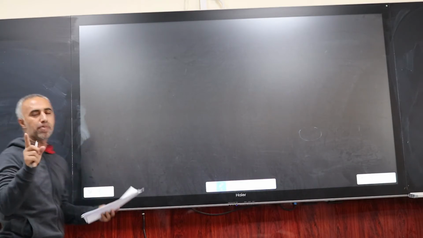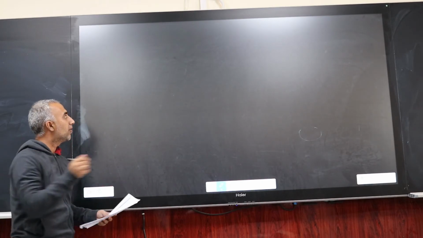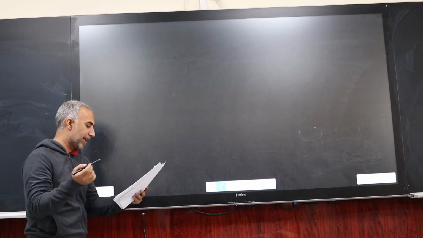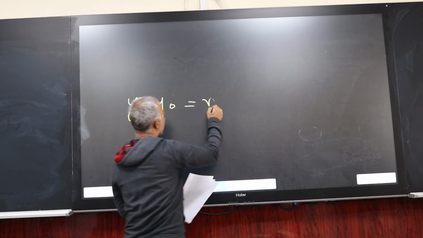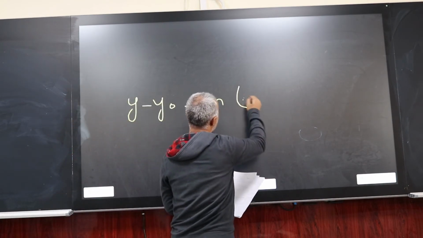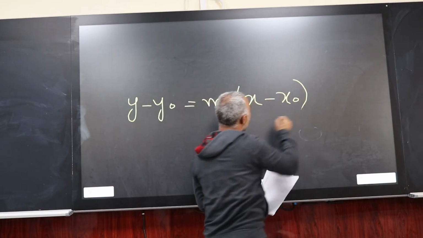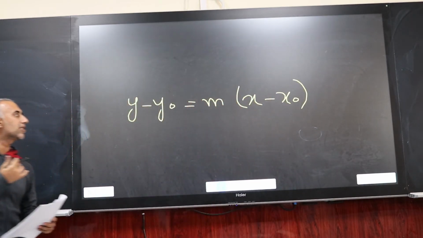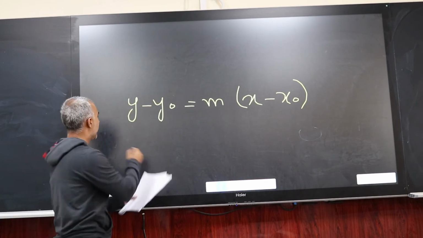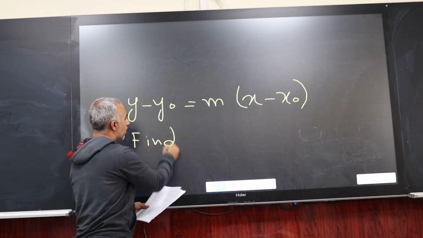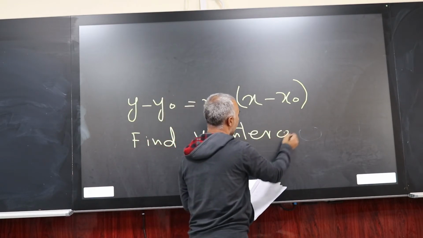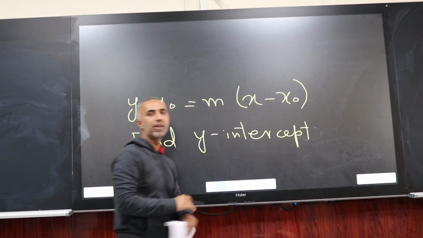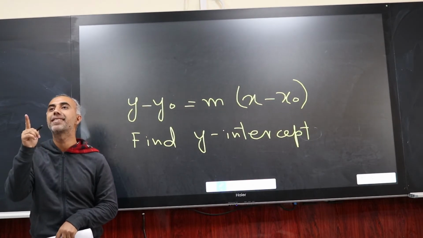One thing more, please, about this. If we are talking about the intercept value, for example, we are considering some equation y naught, here some slope we are mentioning, and x minus x naught. If we are asked to find the y-intercept, what will you do? You will consider x as 0.